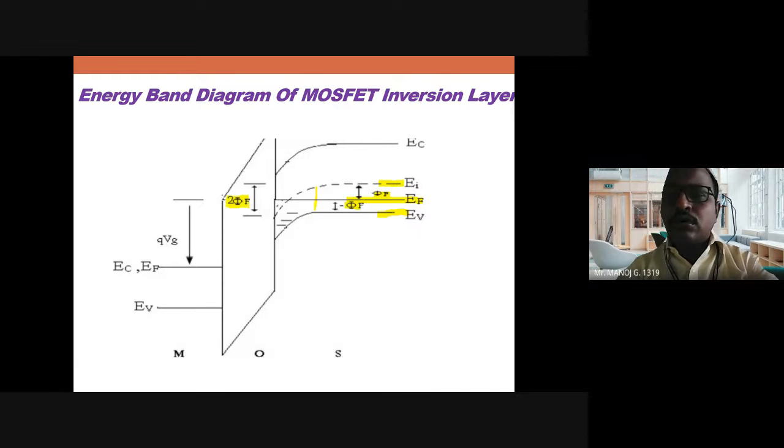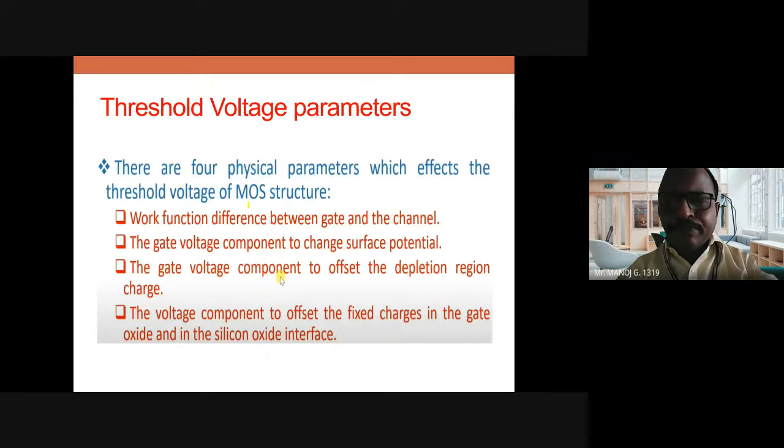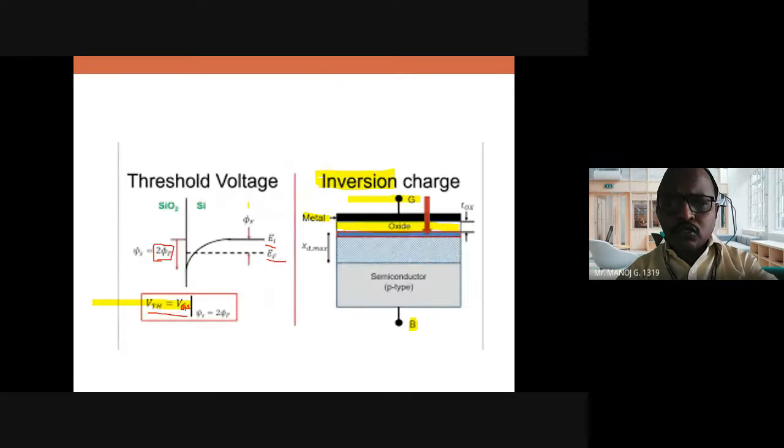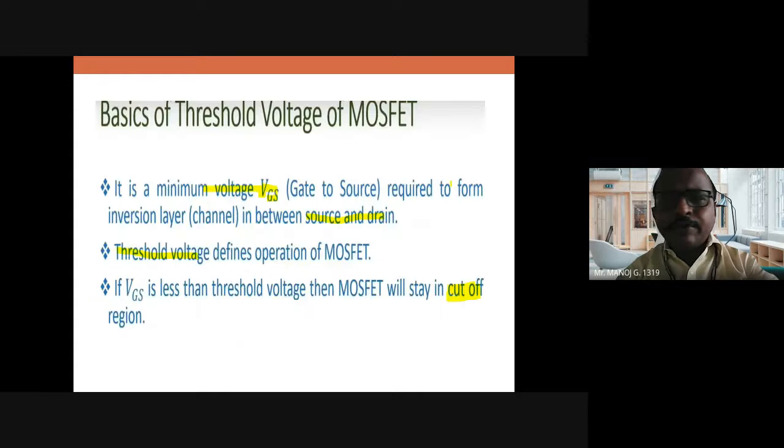I think we have already dealt with this in the last class. I'm just iterating it back. Now, what are the parameters that are required for the threshold voltage? To sum up what we have learned: what is threshold voltage, what is the band of energy required, how is the threshold voltage created, and what happens after creating it, an inversion channel is created.